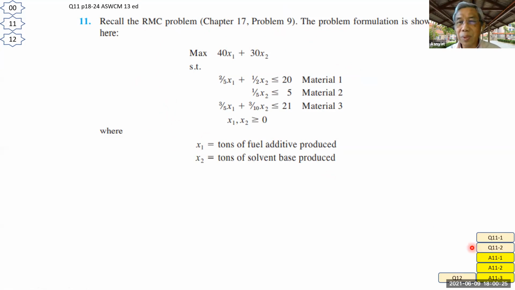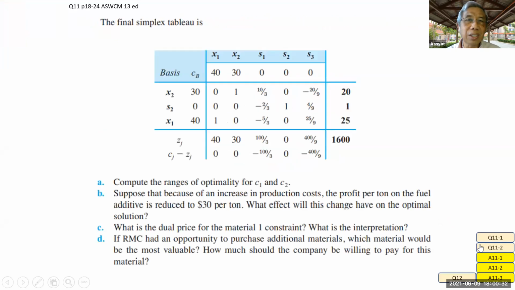And then we also have the final, assuming you do simplex, this is the final tableau. Now, calculate the range of optimality for C1 and C2. I think doing 1 is sufficient because C2 will be the same. So compute the range of optimality for C1. What does it mean?